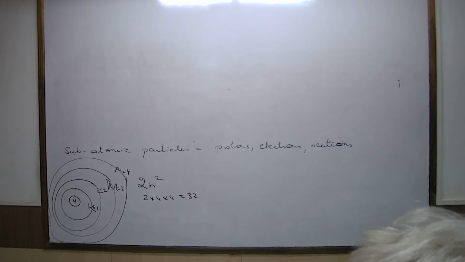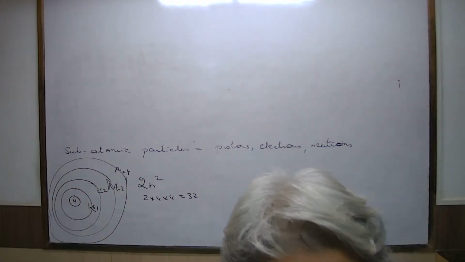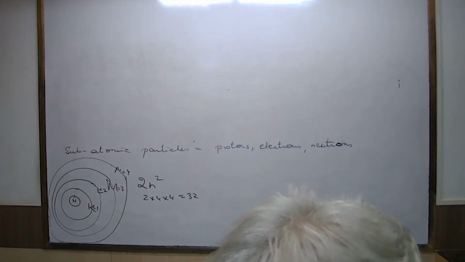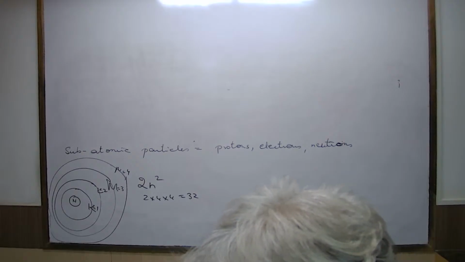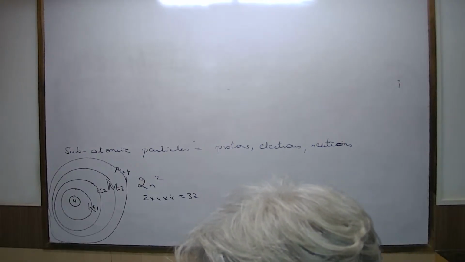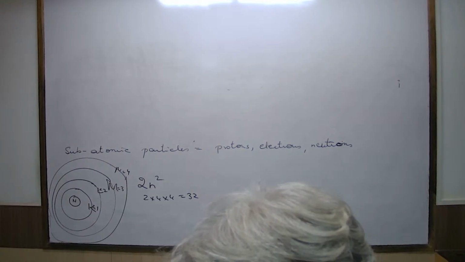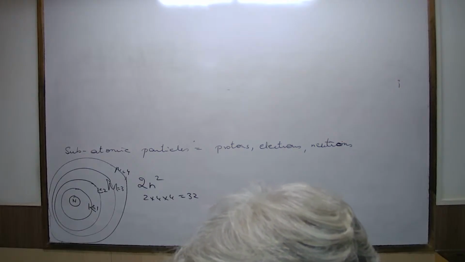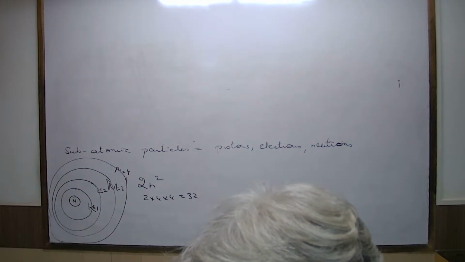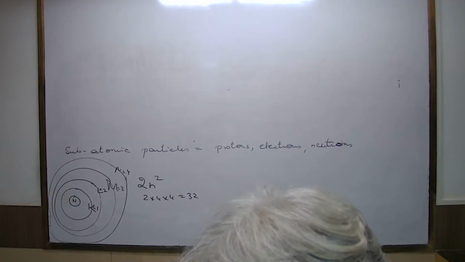So when distributing electrons in their orbitals, you have to remember 3 things. What is the first thing that you have to remember? Ian, what's the first rule?